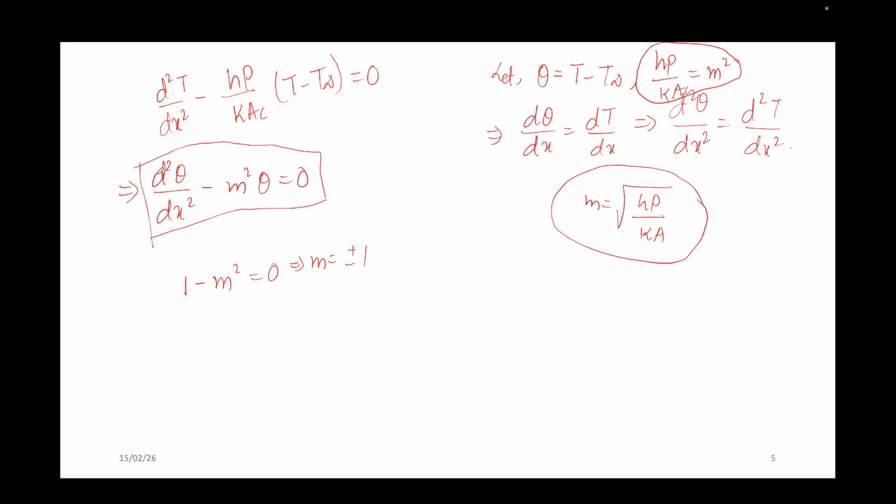Okay. So its solution, in maths you will definitely find, if an equation is like this, its solution should be c1 e to the power mx plus c2 e to the power minus mx.